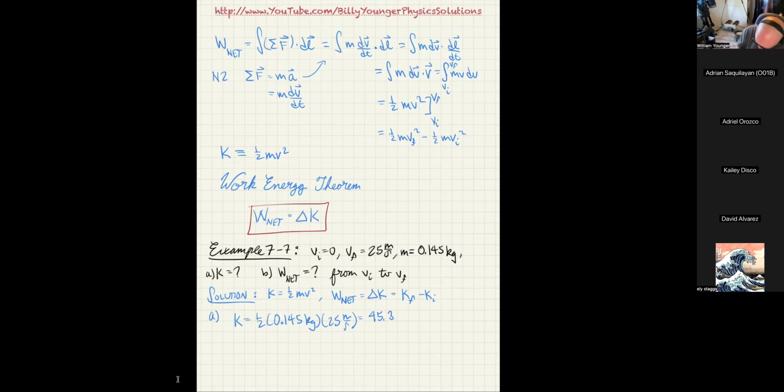I'm just going to say 45.3 because we only have two sig figs. Wait a second. Yep, they only have two sig figs because of 25. So I'll call it 45. And notice the units are kilograms, meters times meters. Remember, because it's meters squared, I chose to write meter for a reason that you'll see in a second. So kilogram meter divided by second squared. Can anybody tell me what a kilogram meter per second squared is?